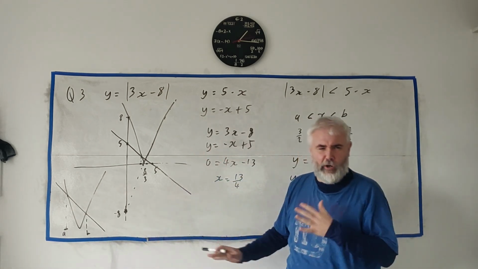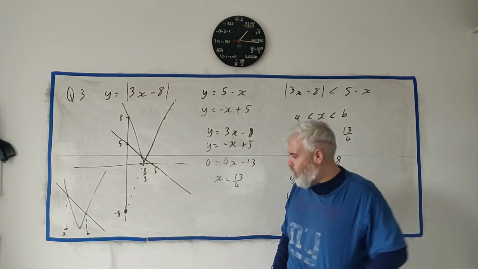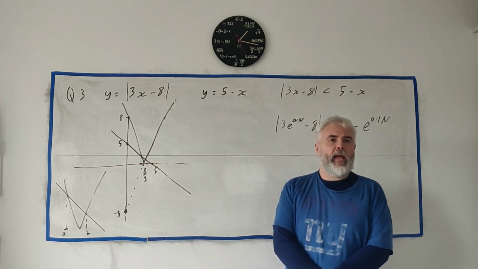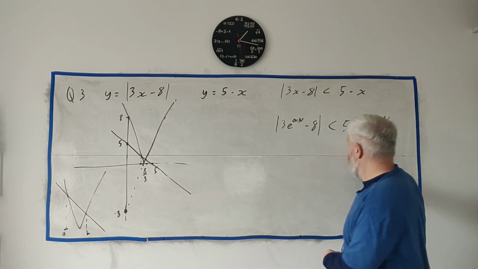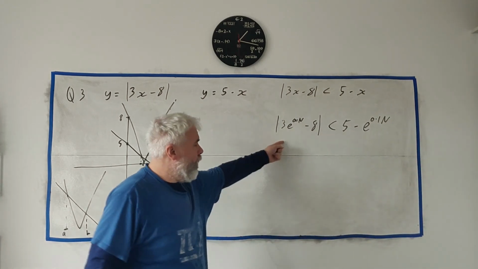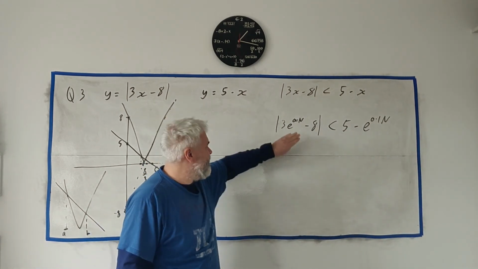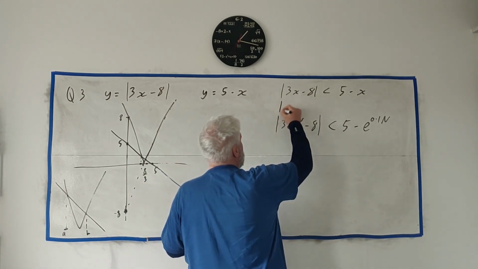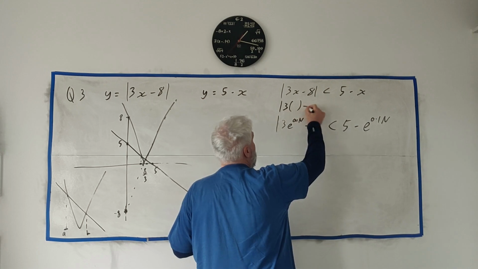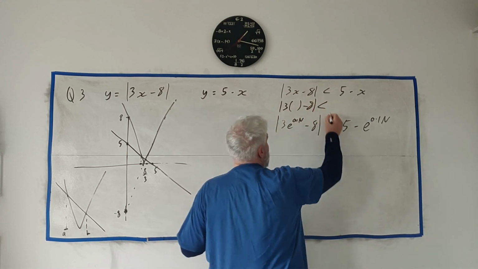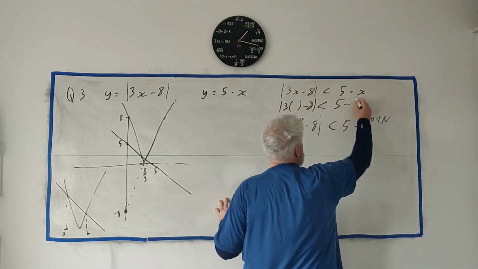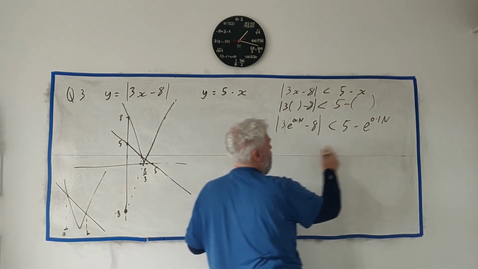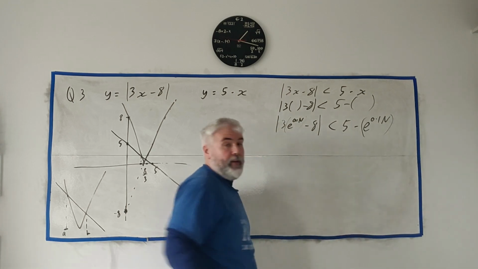Okay, hopefully that helped. For part C, let me clear off the board so we have a bit of room. In part C, they give us this complicated looking inequality, but hopefully you notice this is very similar to this one up here. This one is just 3 times something minus 8 is less than 5 minus something. Well, that's what we have here, 3 times something, same something down here.